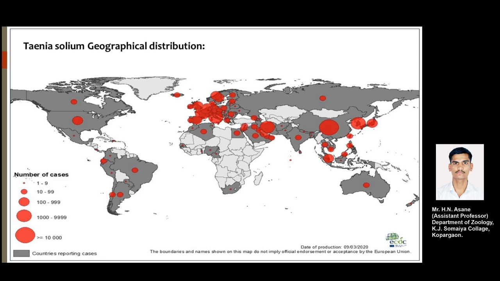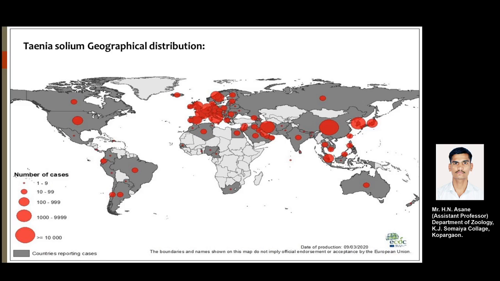These northeastern countries of the world are affected by this type of parasitic infection. The countries reporting these cases are shown in colour.